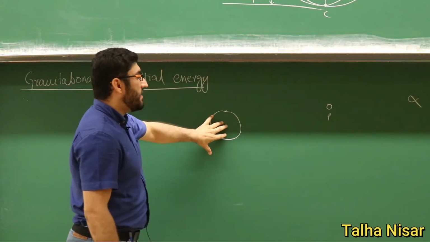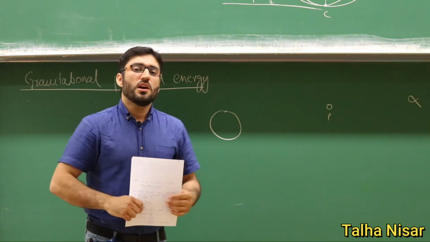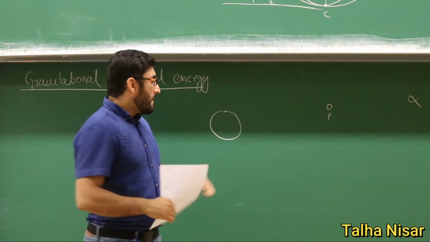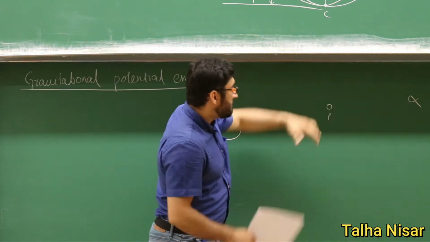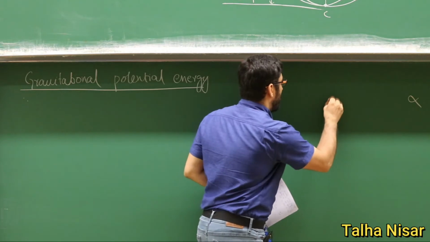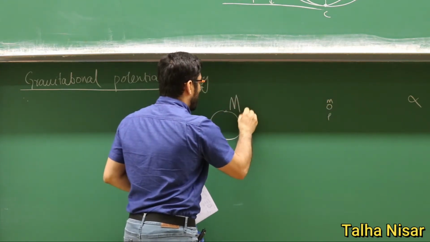Any object that has a mass, because the gravity is the property that's related to the mass. So we are far, far away from the Earth, and we bring this piece of mass, which has a small m, and for the Earth we use big M with this sign.